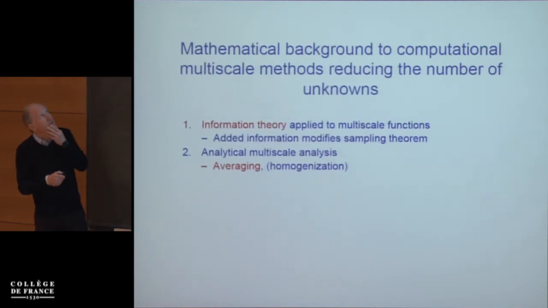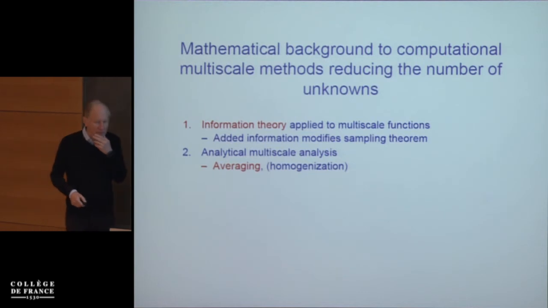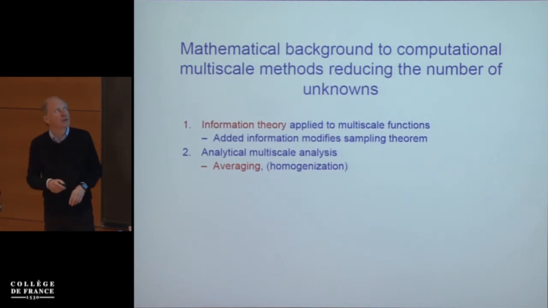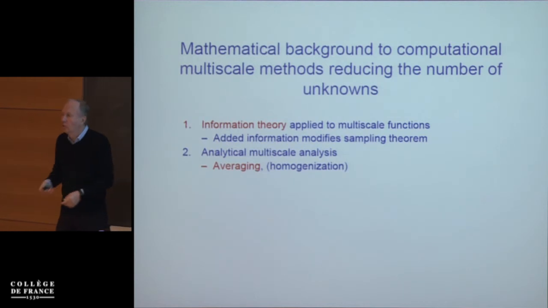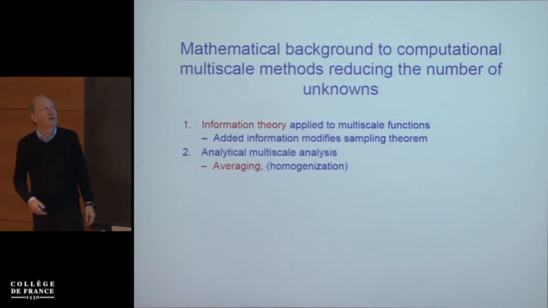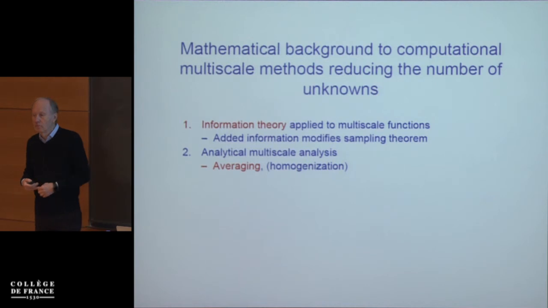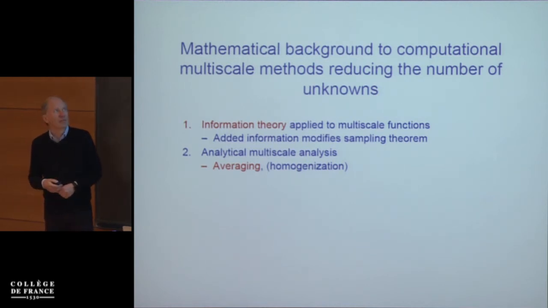So when it comes to these methods, we are trying to understand what one can do in order to cheat a bit if we know something. One is information theory, since that was the one that told us we need to have this large number of unknowns. So what can one say if we know a little bit more? The second one is more directed to the particular process that we try to approximate, numerically or computationally.